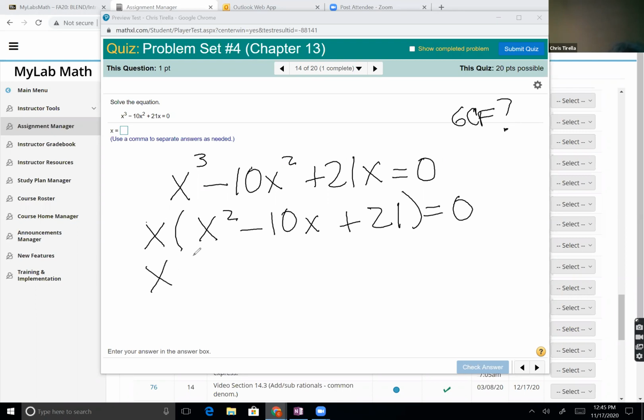Let's keep the x. And how do you think we're going to split up 21 to get a 10 in the middle? Signs are the same. Both are minus. What numbers multiply to give us 21? Seven and 3.